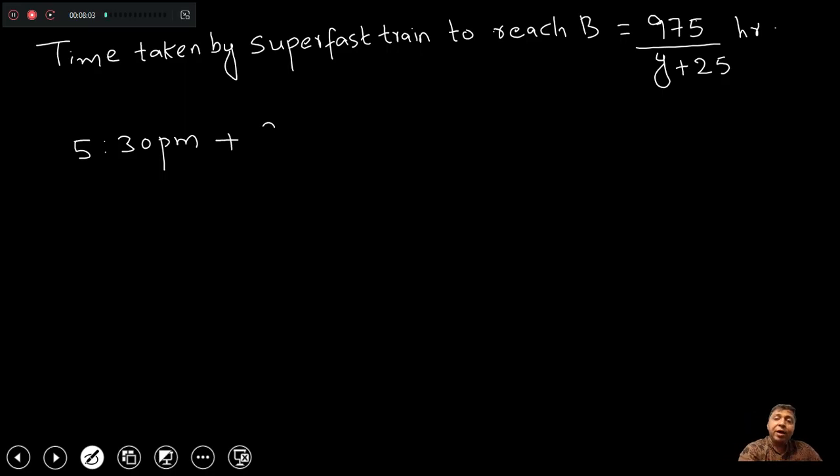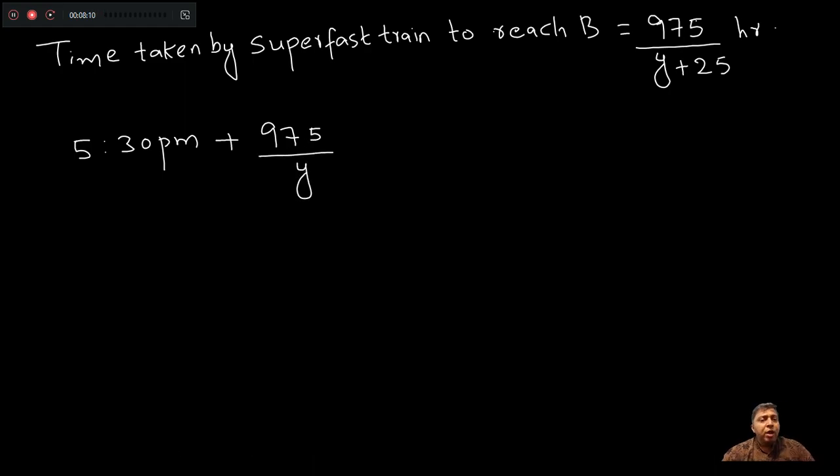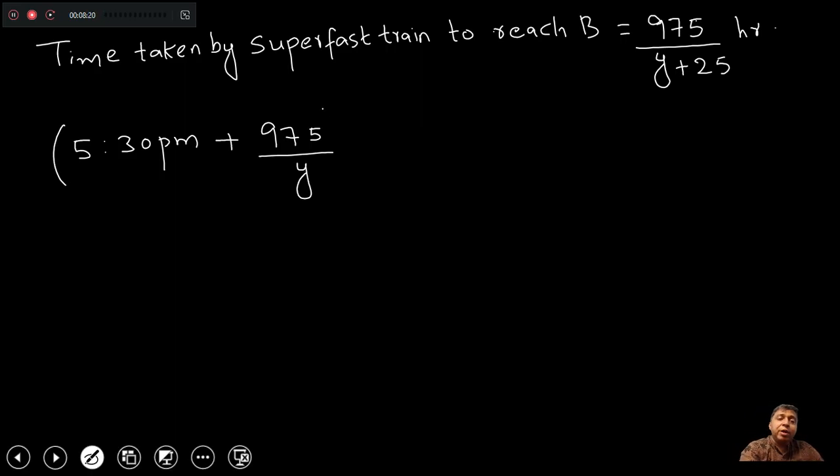That was 975 over y. So we understand that if I add this much time to 5:30 p.m., we get arrival time. So this is the arrival time of passenger train.